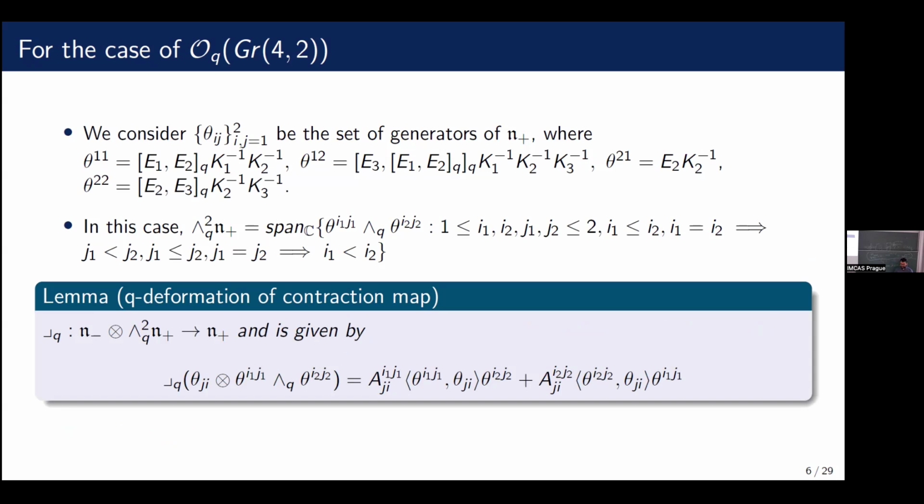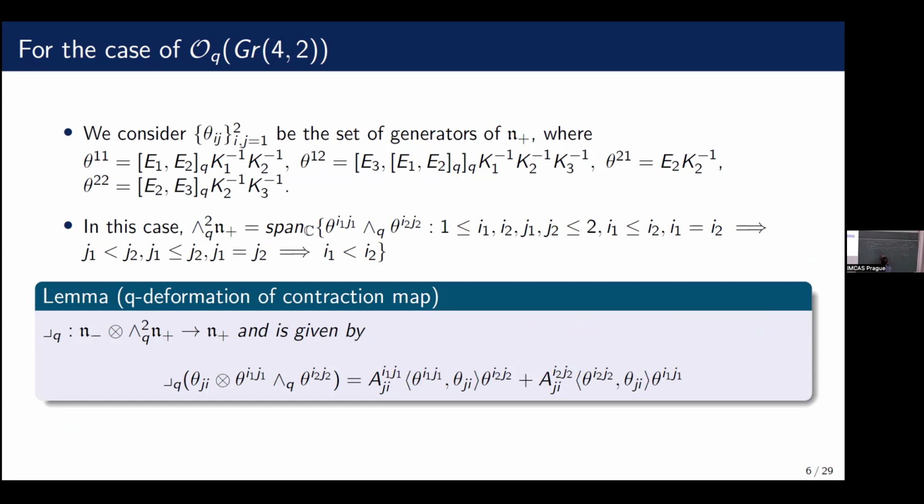I think I should skip this because I haven't mentioned it, but I can mention it, no problem. So here I have mentioned theta 1,1, theta 1,2, theta 2,1, and 2,2. I should mention how the representation goes.